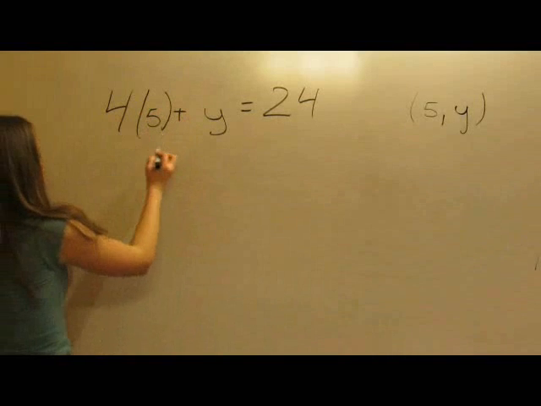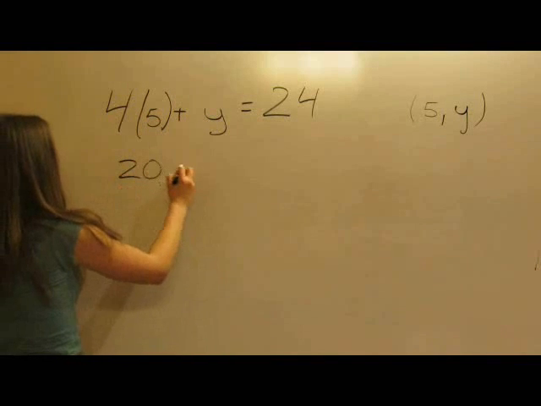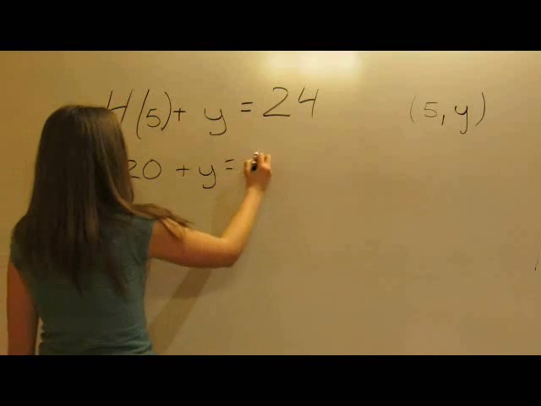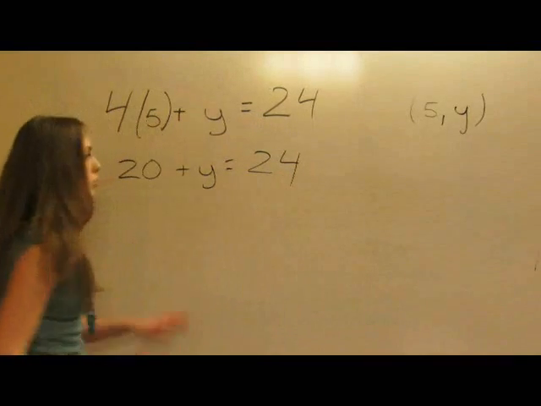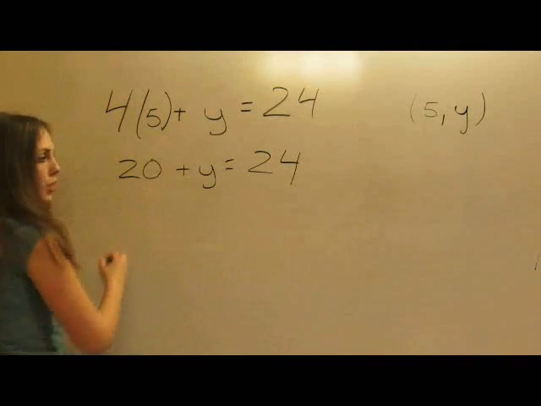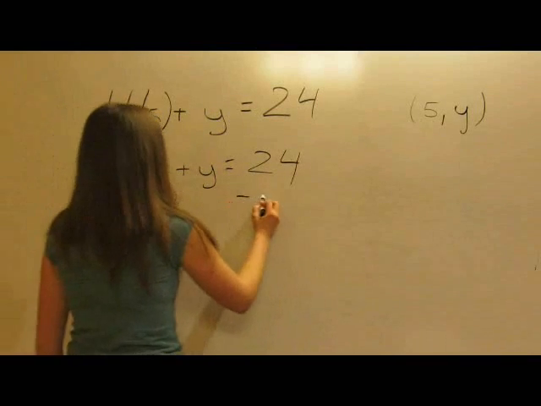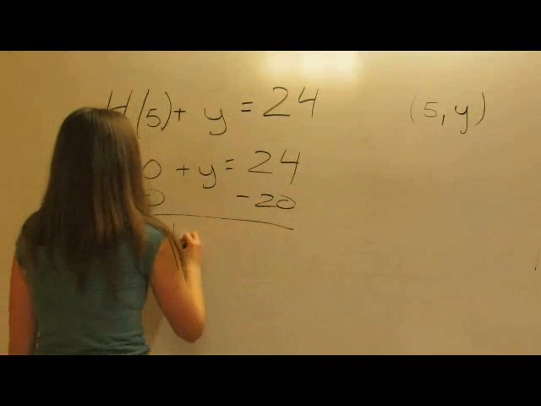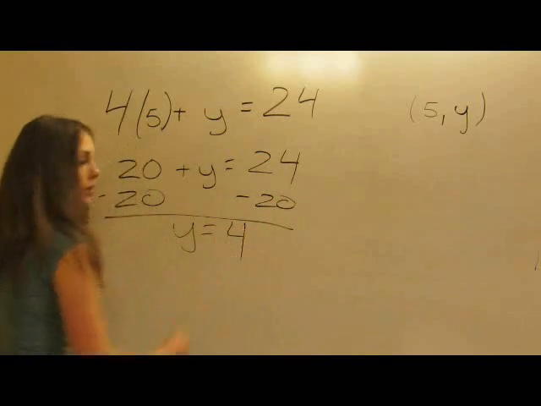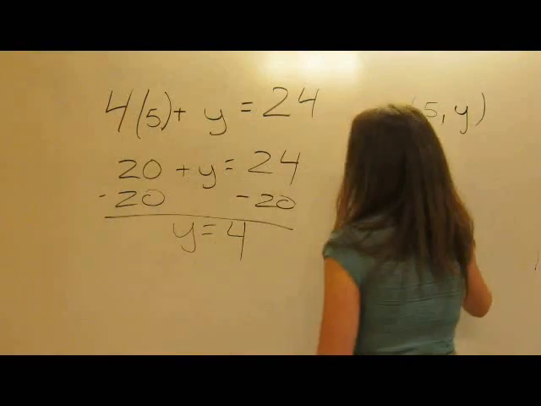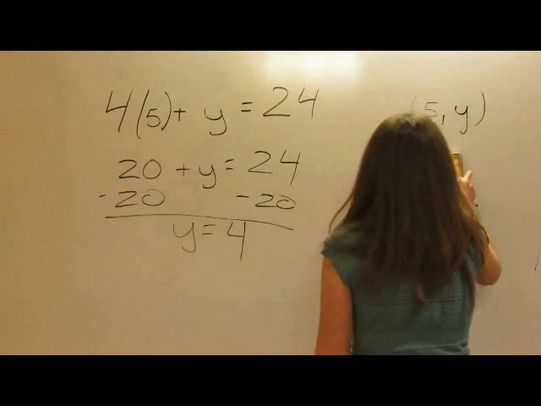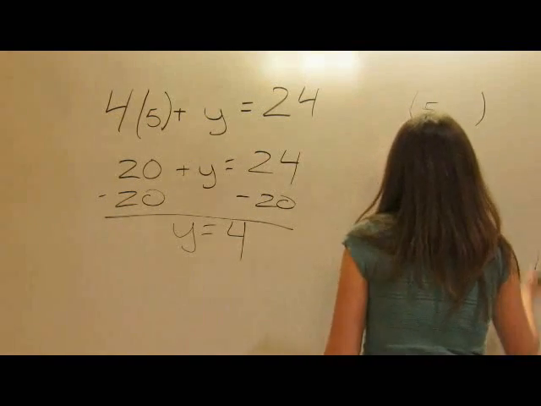So let's do that. 4 times 5 is 20, plus y equals 24. Now we want y by itself, so let's subtract 20 from both sides. That gives us y equals 4. So now we know that our y value is 4.